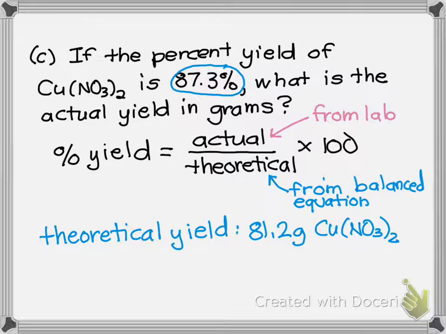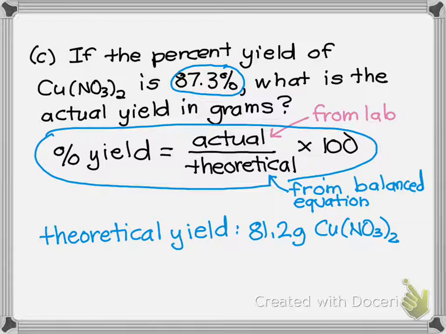Now the problem says, here is the equation for percent yield. Looking at it, let's see what I know from this equation. I kind of like to start that way. It says if the percent yield of copper nitrate is 87.3, so I know this number. What is the actual yield in grams? Well, I know the theoretical yield.